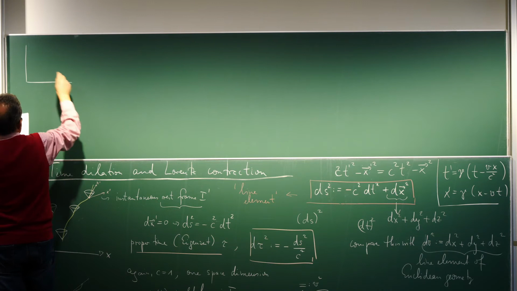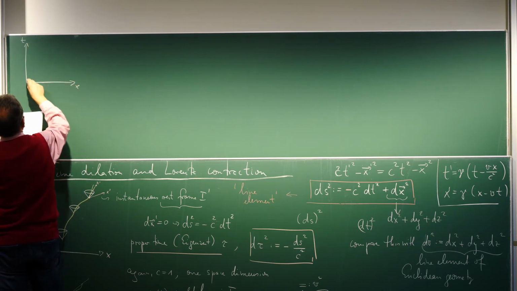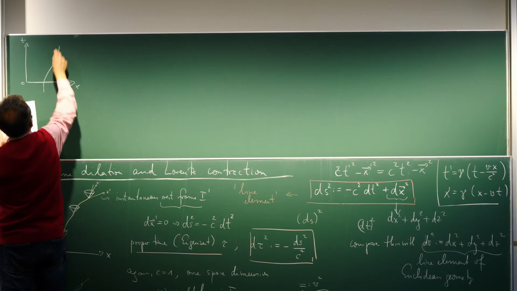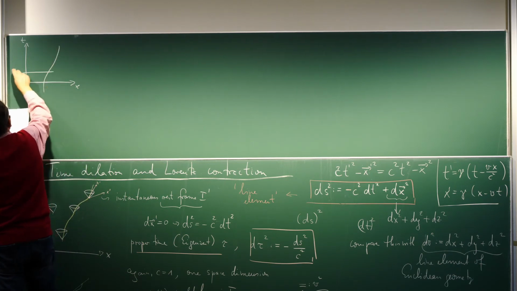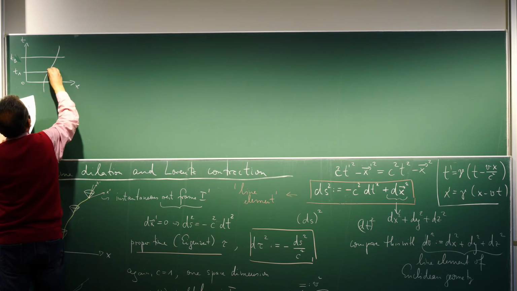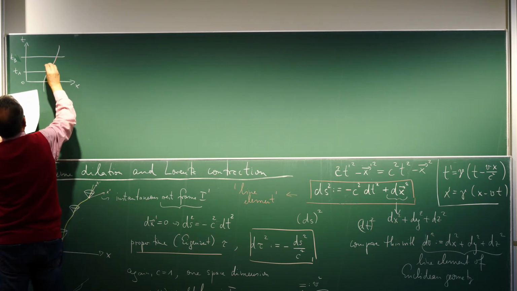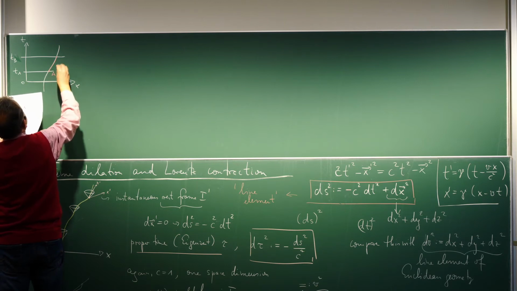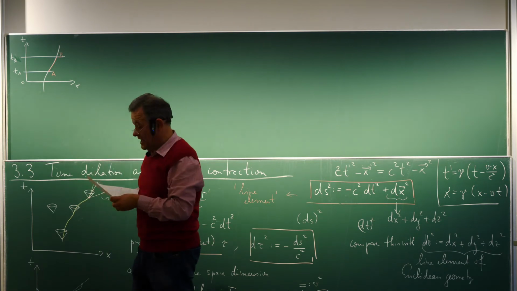So you have your inertial system from which we make the observation. So here, and we have here, say, a time TA and a time TB, and we have here that part of the world line between the two points A and B. So what is the proper time between A and B?